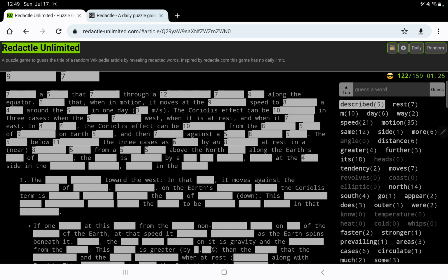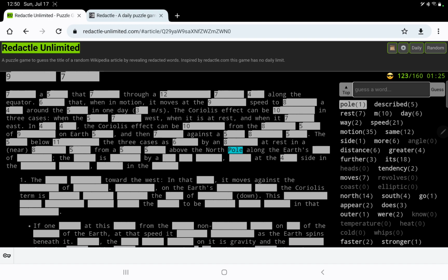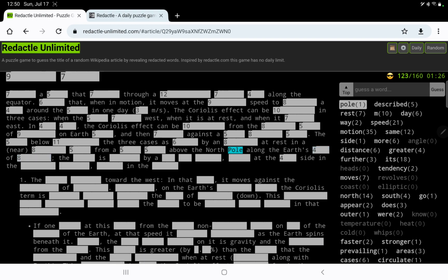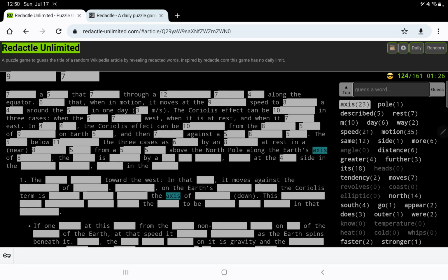from a 5-5 above the North Pole along the Earth's 4 of 8 axis. Aha. The axis. So is that because the Earth is a little bit tilted? Let's try tilt. Tilted.